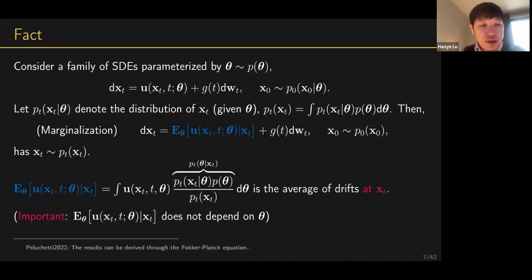Before we dive into the technical details, I want to start with a fact first. Let's consider a family of SDEs parameterized by some parameter theta, which follows some known distribution. Then we can consider a conditional SDE conditioned on this parameter theta, with the drift being a function of theta, and the initial distribution also depends on theta.